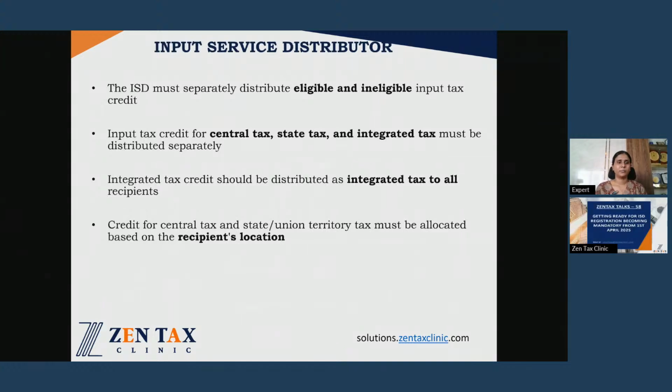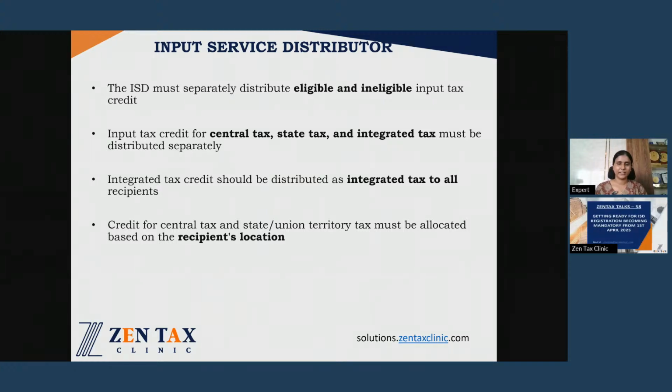Now we will see the general points which should be carefully considered for transferring credits by the ISDs. The main challenge for the ISD will be that once they receive an invoice, they need to separately distribute the eligible and the ineligible ITC. That is, they need to bifurcate the eligible ITC and the ineligible ITC. Then the input tax credit for central tax, state tax, and IGST must be distributed separately.